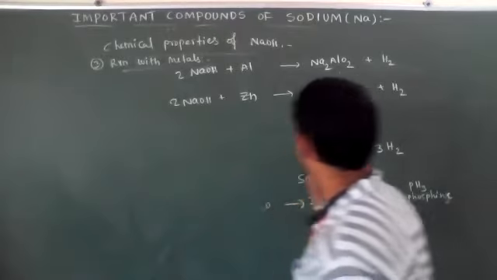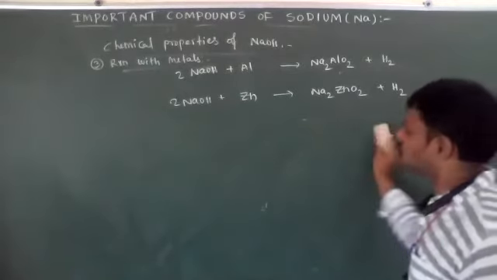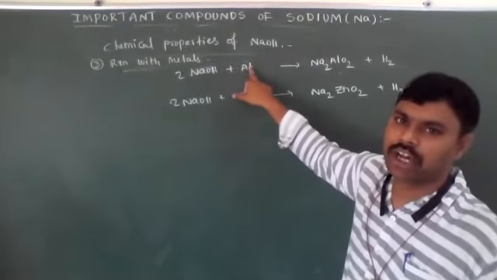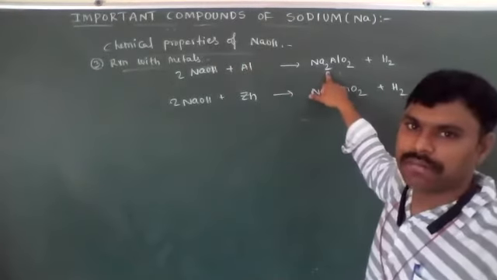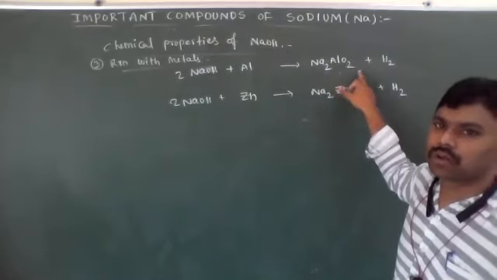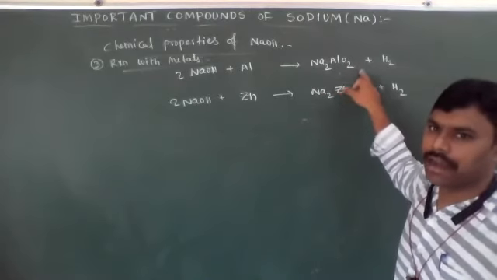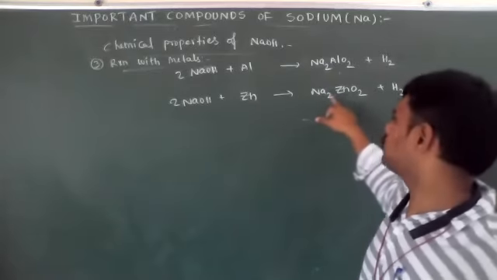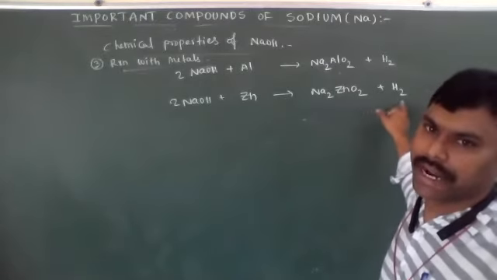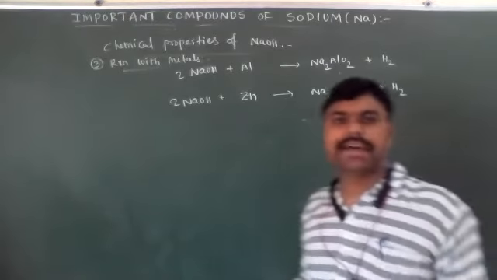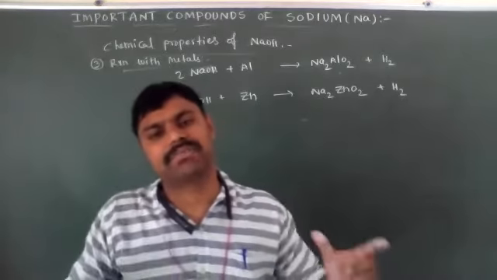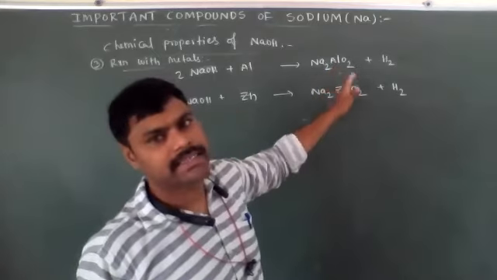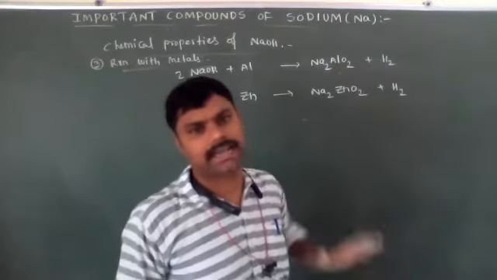Reaction with metals: sodium hydroxide, NaOH, reacts with aluminum metal to form sodium aluminate, NaAlO2, and hydrogen gas is released. As well as zinc metal also forms sodium zincate, Na2ZnO2, and H2 gas. So whenever sodium hydroxide reacts with metals like aluminum and zinc, it forms the corresponding aluminate or zincate and releases hydrogen gas.